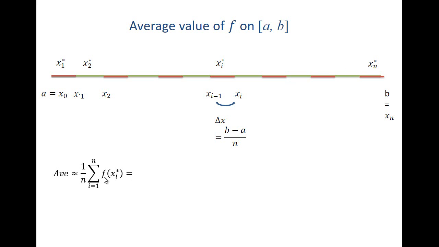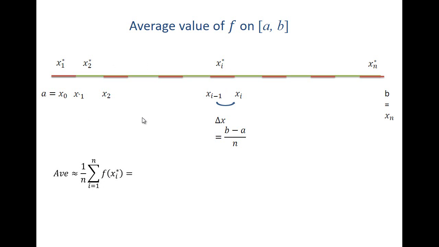So this is f of x1 star plus f of x2 star plus dot dot dot plus f of xi star plus dot dot dot f of xn star. So we are taking the sum of the values of f at these test points, and then we are dividing that by n.